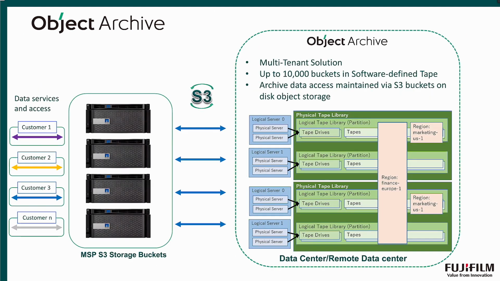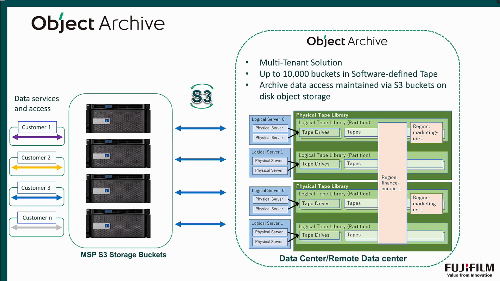And then I'm just highlighting the fact that object archive has multi-tenant capability. We can support up to 10,000 buckets with discrete media on the back end, which is really difficult to say if you're going into a cloud service provider. They're not going to necessarily say you have your own set of disk drives for your data, but we can say that, and we can give them the capability of managing specific customers' data.